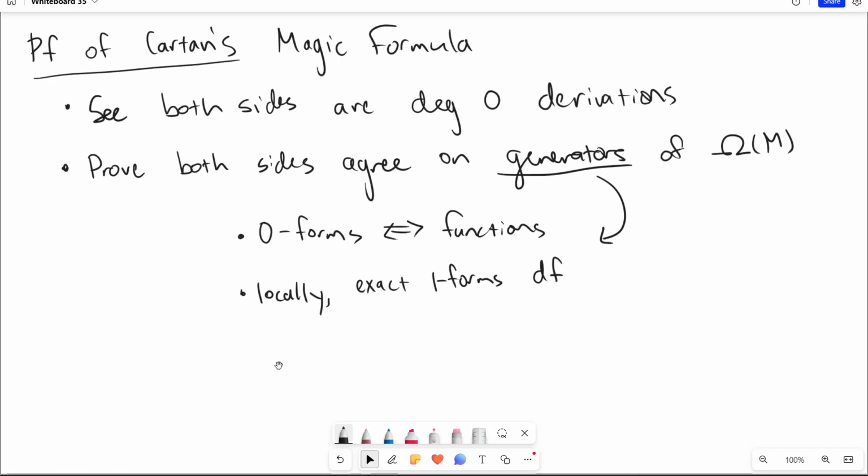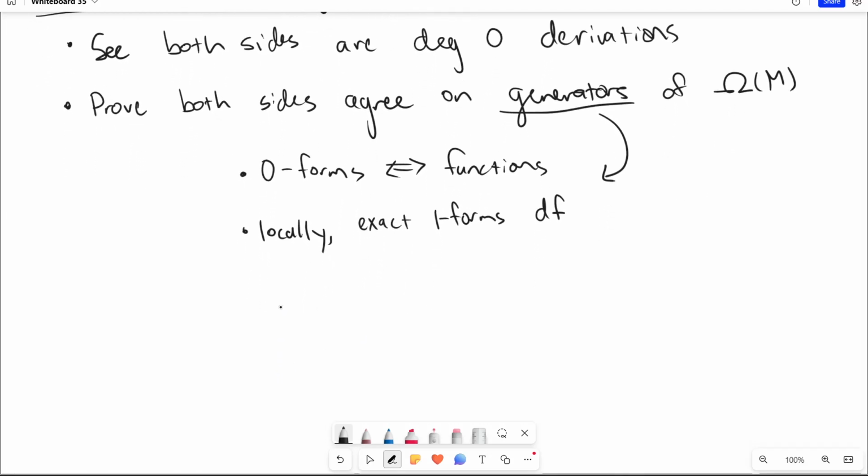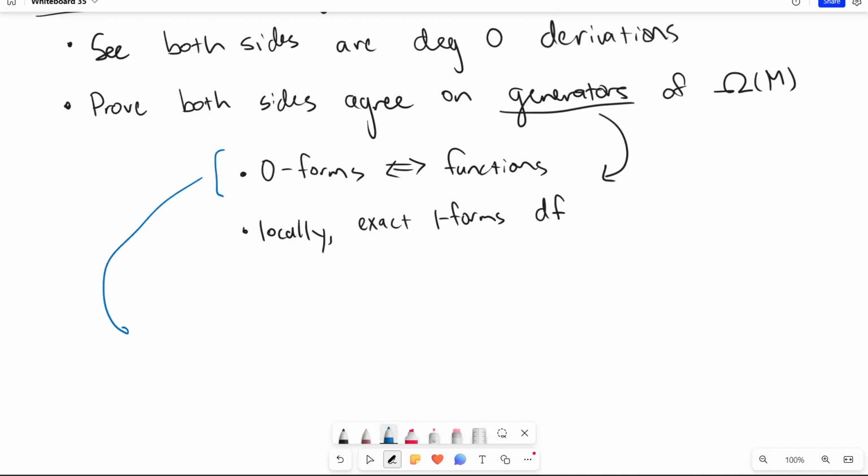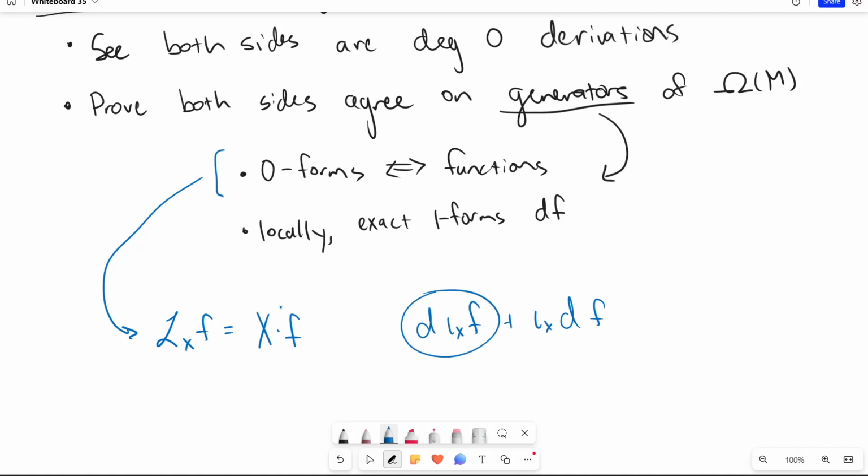So when we're proving Cartan's magic formula, we need to prove it for zero forms. So maybe let's see that real quick. L sub X of f, for f a function, this is just X dot f. On the other hand, if we do d i_X of f plus i_X of d of f, the left-hand thing is 0 because interior multiplication takes in a p form and gives you a p minus 1 form.